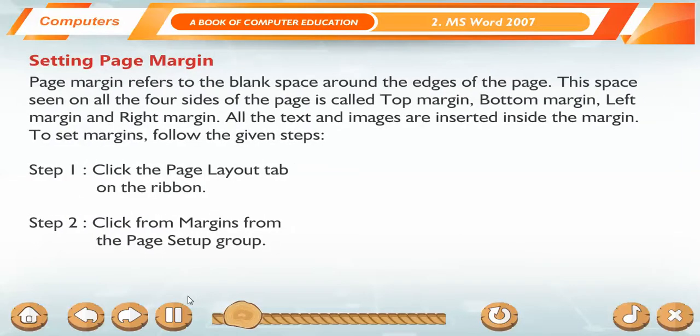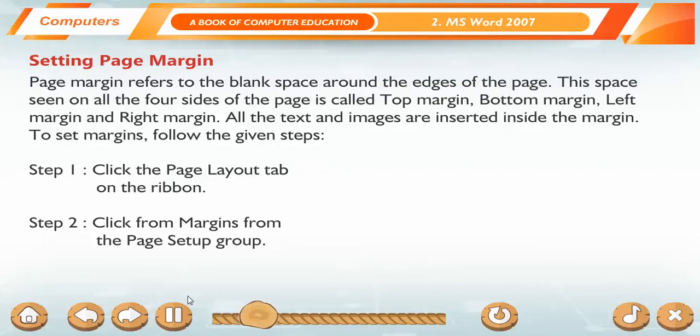Setting page margin. Page margin refers to the blank space around the edges of the page. The space seen on all the four sides of the page is called top margin, bottom margin, left margin and right margin. All the text and images are inserted inside the margin.